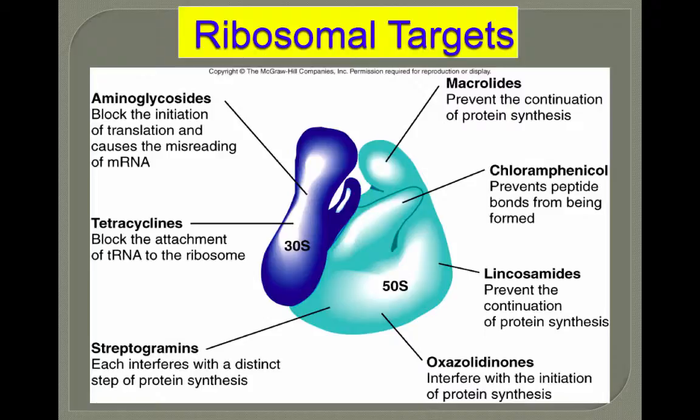Interfering with the initiation of protein synthesis. Cidal again. So all of the ribosomal targets, if you take any of those medications, those are bactericidal. Now again, if you're taking any of these drugs listed on the screen, think about it. Are these going to be selective in terms of their therapeutic action, or are they going to be non-selective?